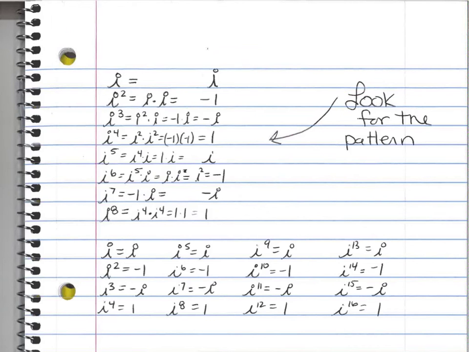This last slide is just good practice for the ACT and the SAT test. A really common problem on both of these tests is asking students if they know how to look for patterns in imaginary numbers.